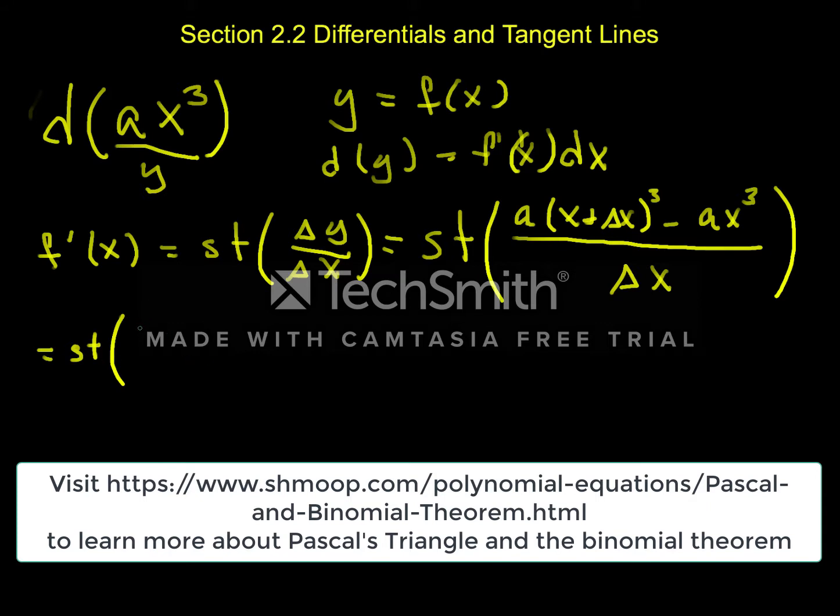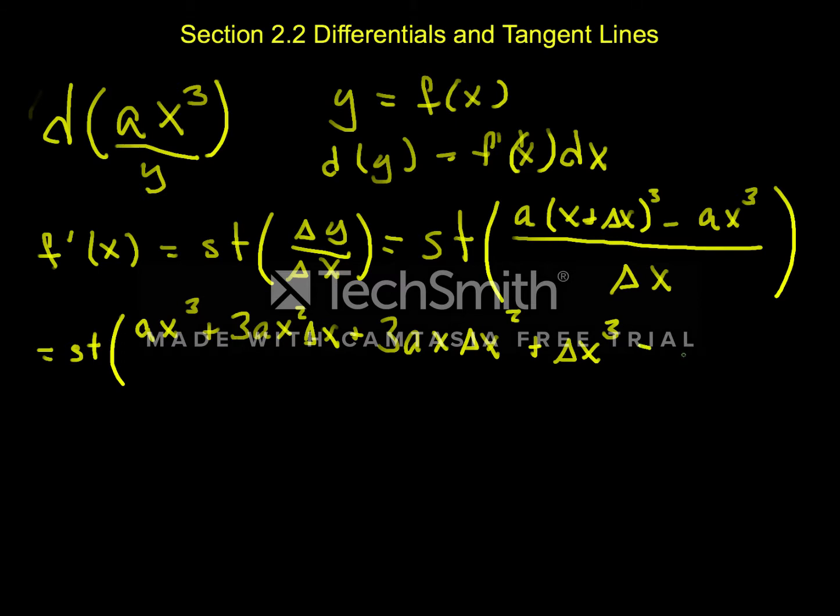But anyways, what you will get when you expand that out is ax cubed plus 3ax squared delta x plus 3ax delta x squared, I said squared and didn't write it, plus delta x cubed. So that's the expansion of a times quantity x plus delta x cubed, and we'll subtract ax cubed. And the whole thing is still divided by delta x.